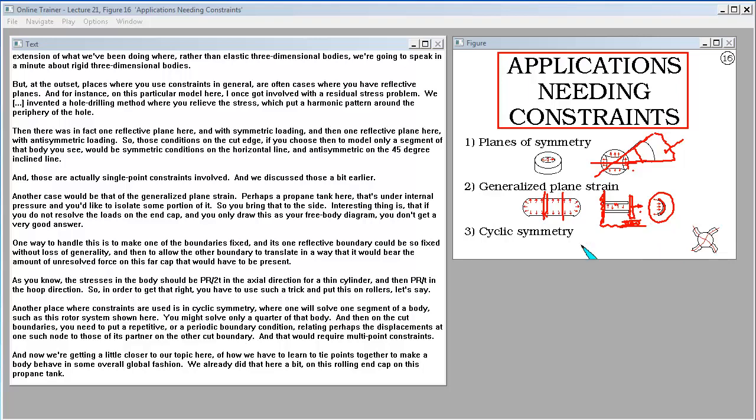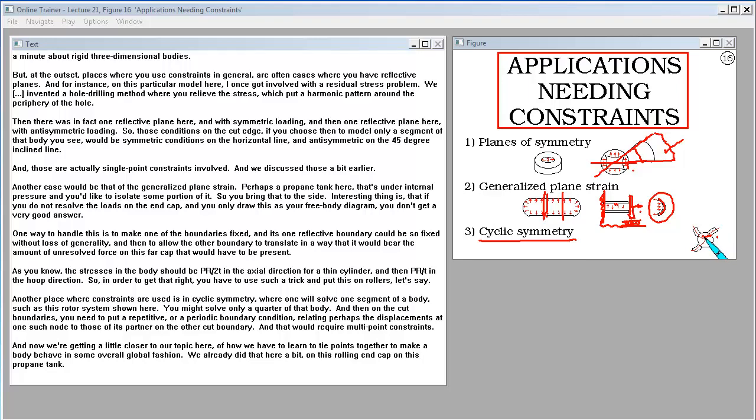Another place where constraints are used is in cyclic symmetry, where one will solve one segment of a body, such as this rotor system shown here. You might solve only a quarter of that body, and then on the cut boundaries, you need to put a repetitive or periodic boundary condition relating perhaps the displacements at one such node to those of its partner on the other cut boundary.